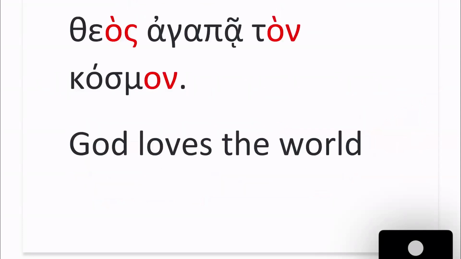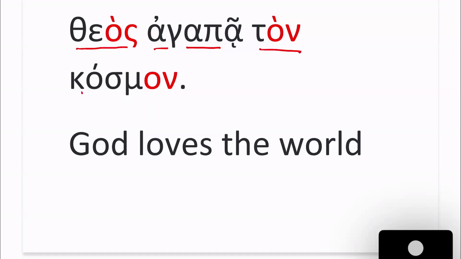So here is a Greek sentence, and it's a nice simple one. Theos, this is a word. Some of these words are going to be in your vocab for this week. Theos means God. Agapa means loves, God loves.